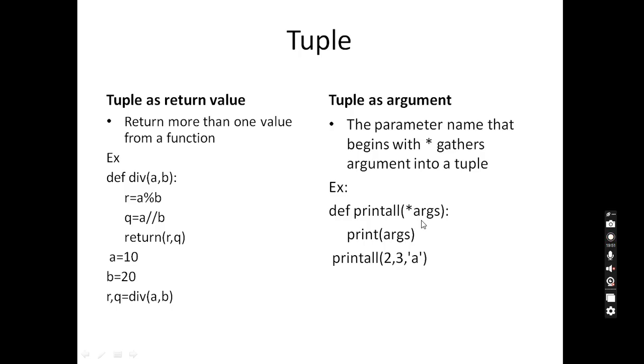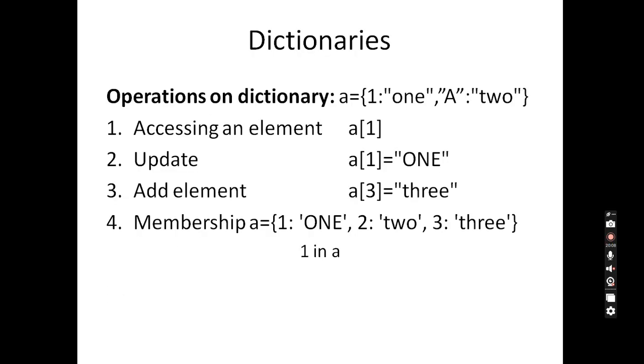So this argument will get 2, 3, e and it will print all the values here. This we can say is a tuple as an argument. So tuple as a return value means it will return more than one value. Tuple as an argument means one argument will get more than one value.